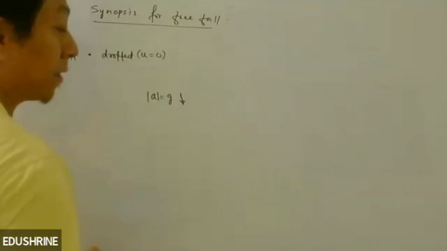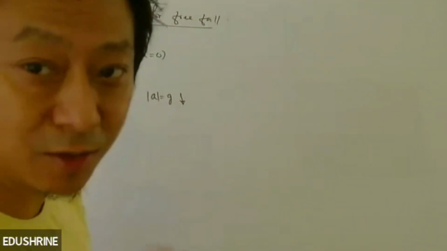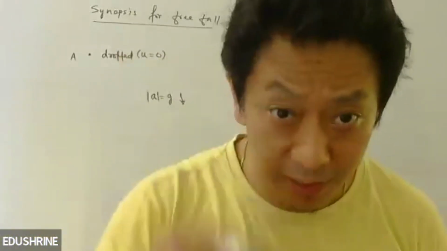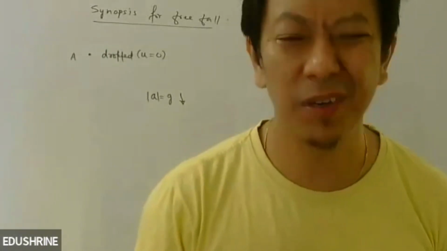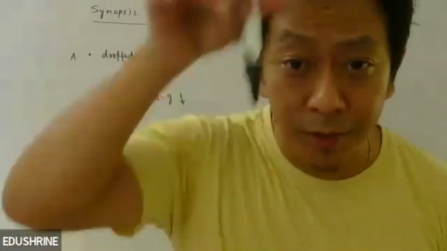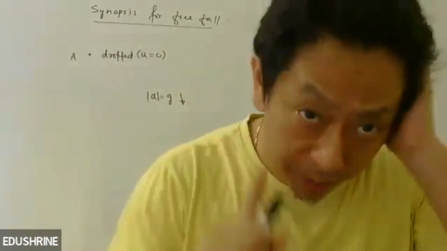Direction is down. Whether to take plus or minus, that depends on us. We will decide. Now my style is this. When body is coming down, I take down positive. Life will be easy. I mean, equations will look a little bit okay. So when body is going down, I'll take down positive. When bodies are going up, I'll take up positive.